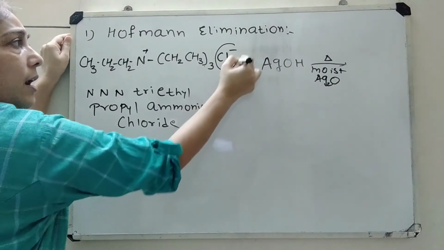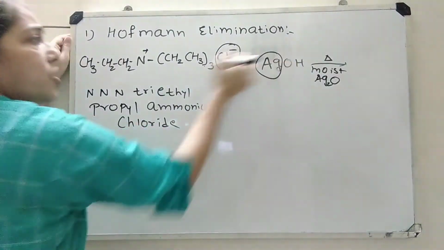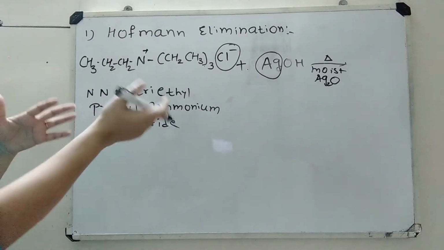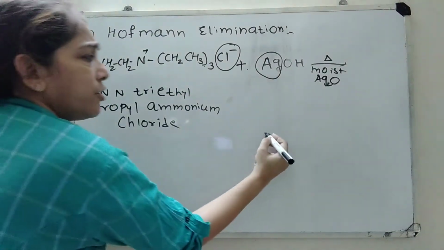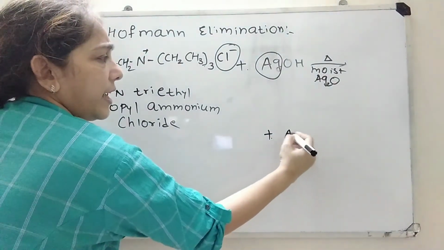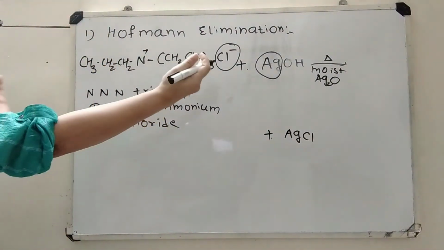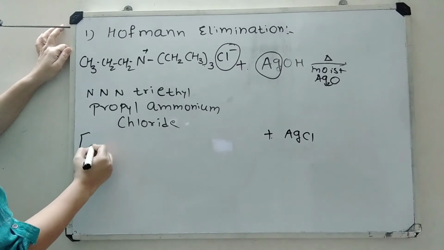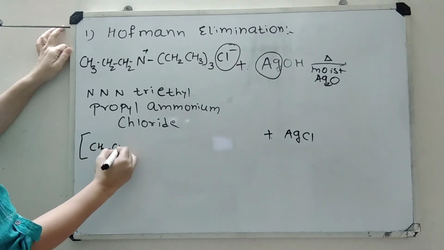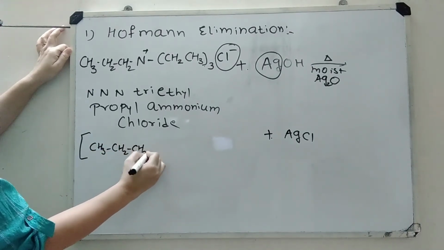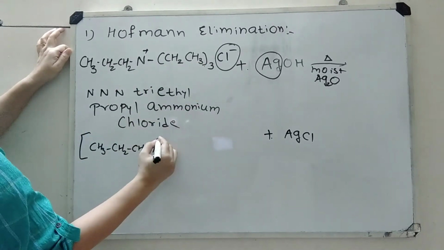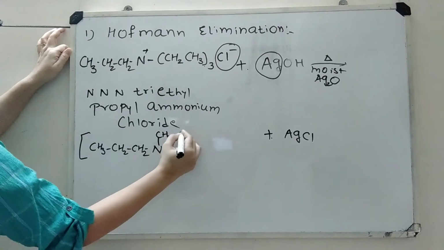This Cl combines with Ag, so AgCl will be the byproduct, and if we do not mention it, that is also okay. Whatever is left, we just have to join. So CH3, CH2, CH2, N. Now this CH2, CH3, we have to write in the split-up form.